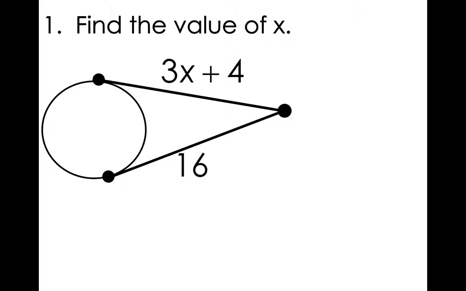All right. So if we're talking about solving this problem, basically what we're saying is that I've got this external point, and with this external point right here, I've got two line segments that are coming from it. And remember, these are both what we call tangents.